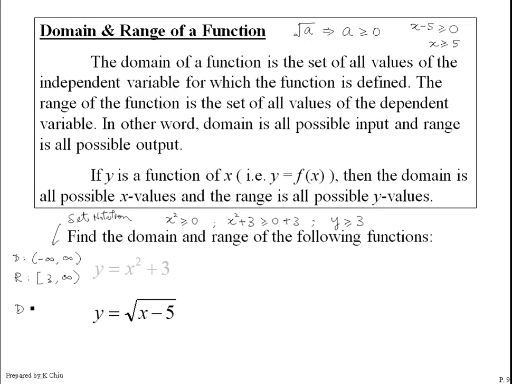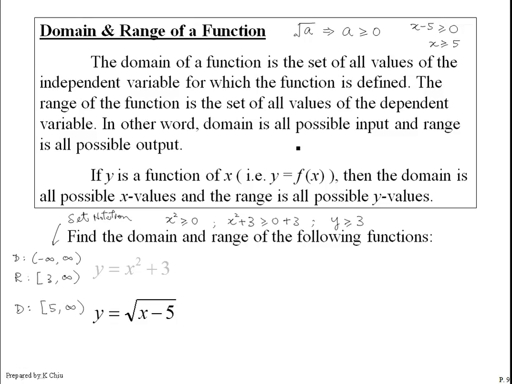So what happened to the domain? The domain would be from 5 all the way to positive infinity. How about the range?